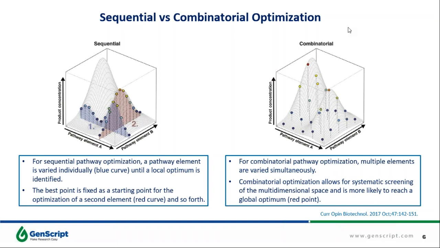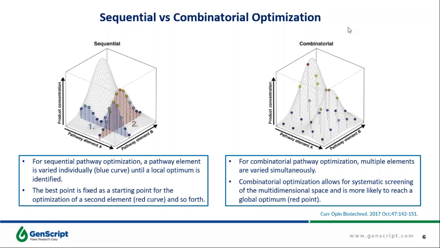As can be seen in the left figure, a pathway element is varied individually. You can see the blue curve first, until a local optimum is identified, which is then fixed as a starting point for the optimization of a second element, and so on and so forth. However, this effort requires substantial knowledge about the pathway property and topology, as well as suitable techniques to quantify the relevant intermediate.